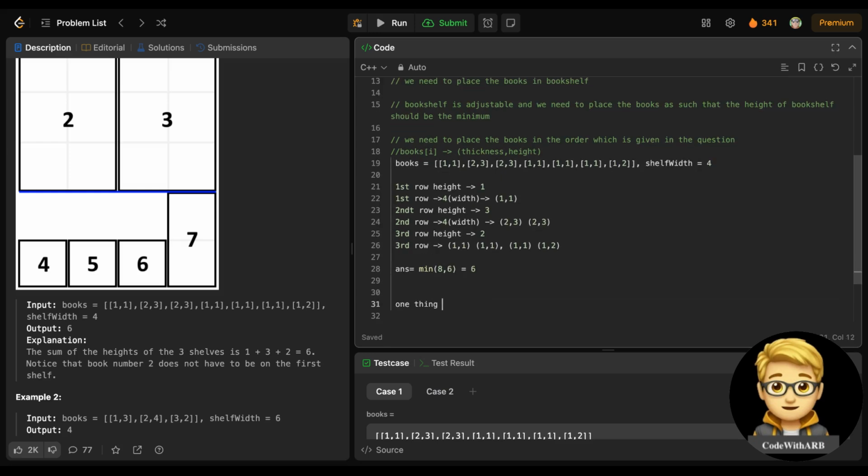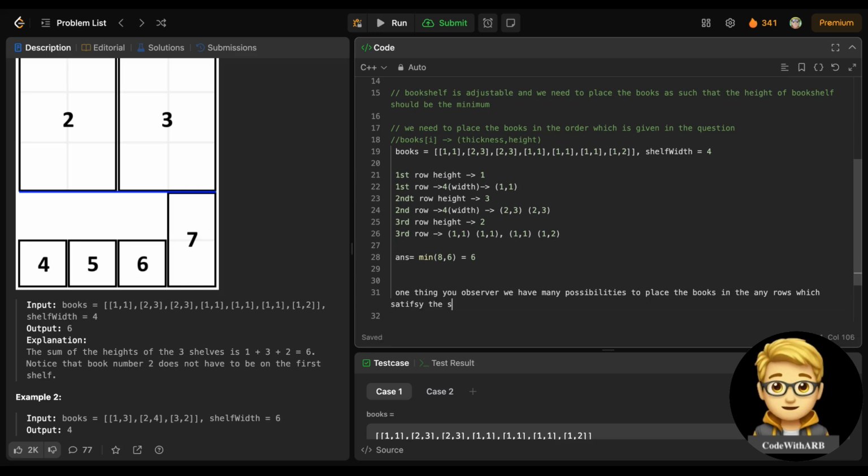So one thing you observe here, that we have many possibilities, right? We have many possibilities to place the books in any row which satisfy the shelf width condition, right?